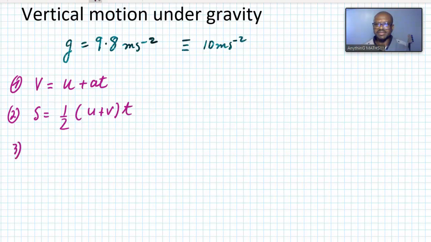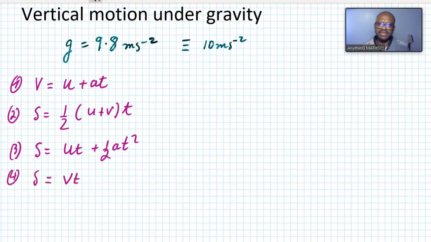The third also deals with the displacement: the initial velocity times time plus half at squared. The fourth is also the displacement, but this time the final velocity times time minus half at squared. And the fifth deals with the final velocity squared being equal to the initial velocity squared plus 2as.